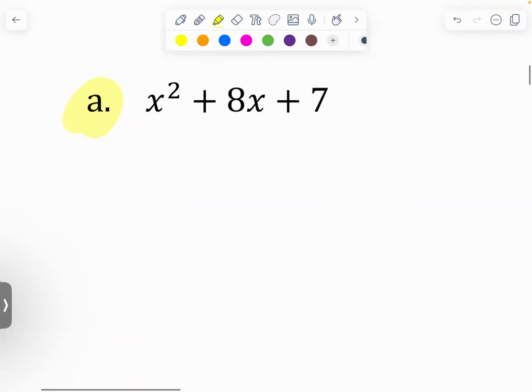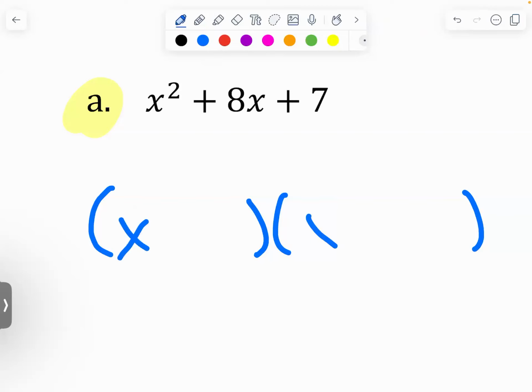So the first thing we do, is there a GCF? No. This has 3 terms, so I know we're going to factor it to look like this. If the number in front of x squared is a 1, it makes this really easy because we know we're going to have an x and an x.